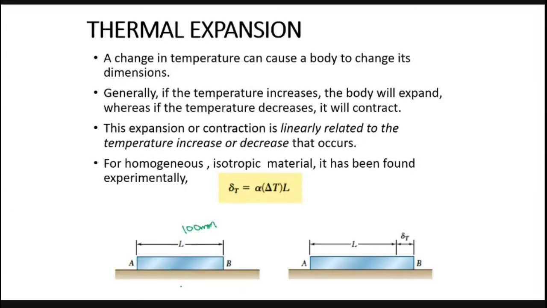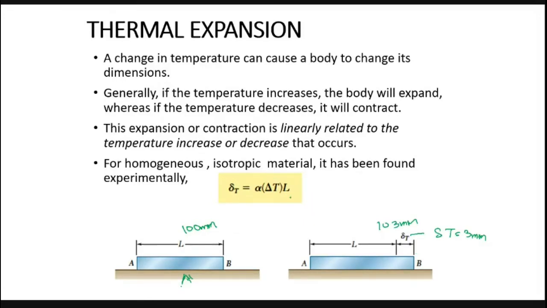When you heat this material to a particular temperature, you will have an increase in length. Your length will be 103 mm or something like this. So an additional 3 mm, del T, will be additional 3 mm. This type of change in a material, we call thermal expansion.